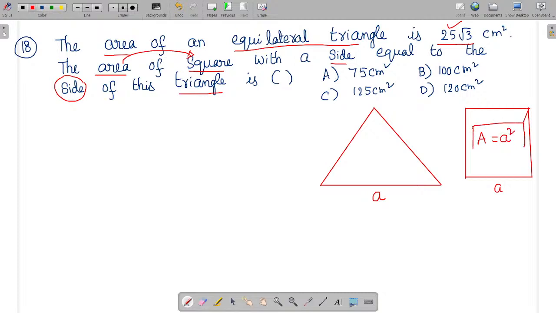This is the formula: area of an equilateral triangle is given by root 3 by 4 times side square, and that is given as 25 root 3.